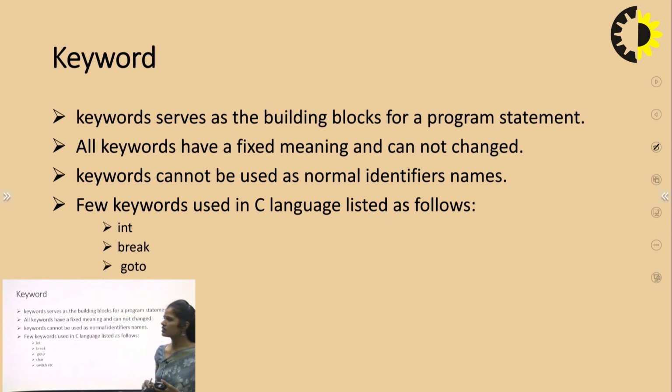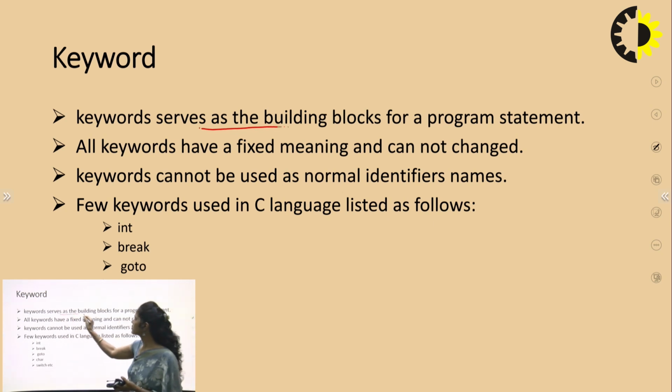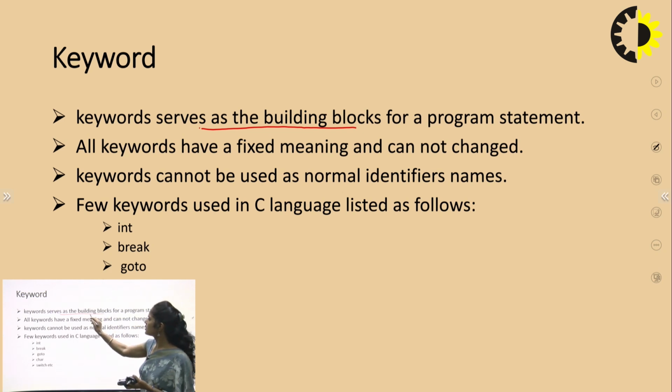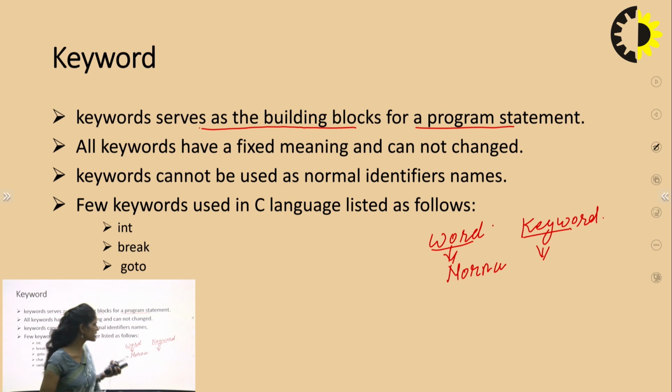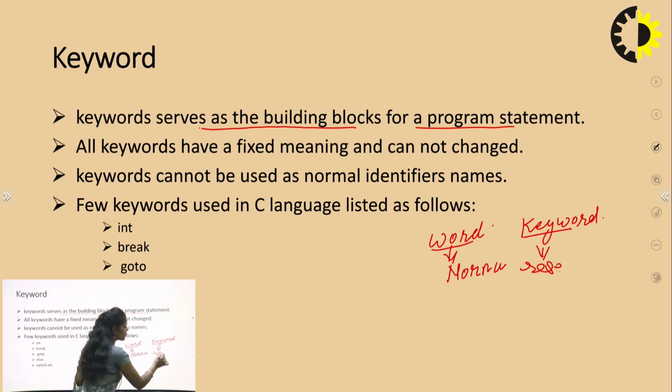A keyword is a special C token, considered a building block of program statements. A normal word is any ordinary word, but a keyword specifies its meaning itself. Keywords are reserved words.